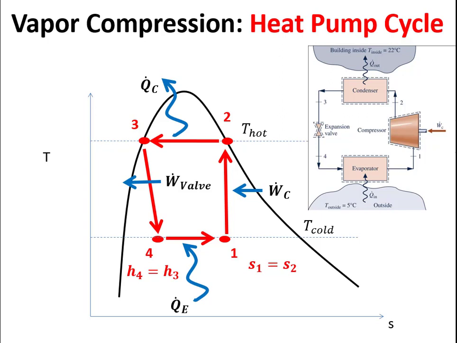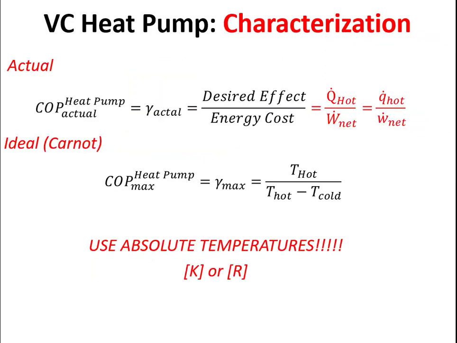Then, as we move through the evaporator, we add heat and we increase the quality of the fluid. Because this is a heat pump cycle, our energy benefit is the energy that's transferred from the condenser to the hot side of our system.